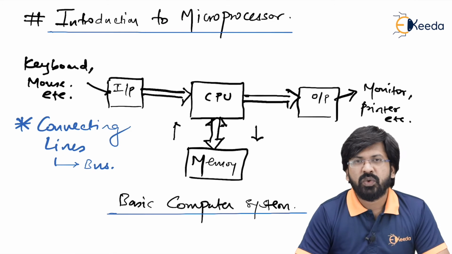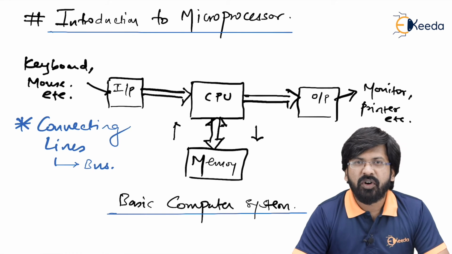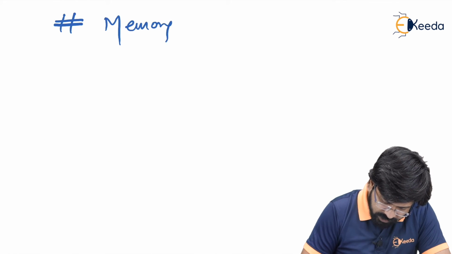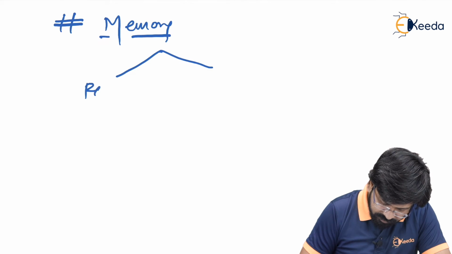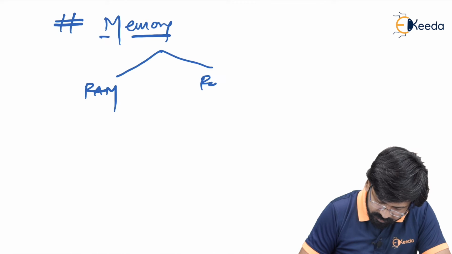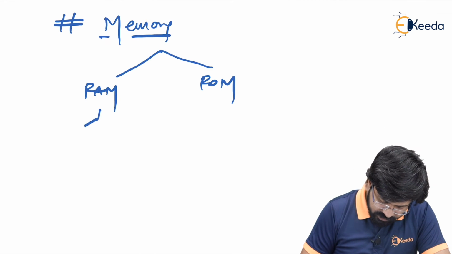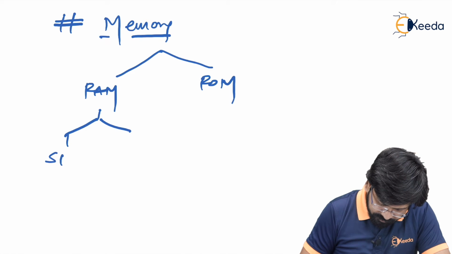In memory, there are two types of memory that we use, either RAM or ROM. So when it comes to memory, it is classified as RAM and ROM. The further classification of RAM is SRAM and DRAM.